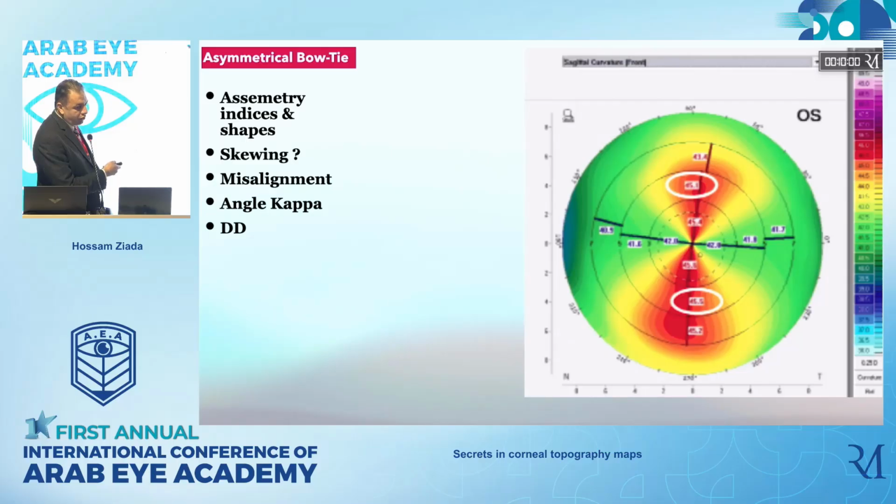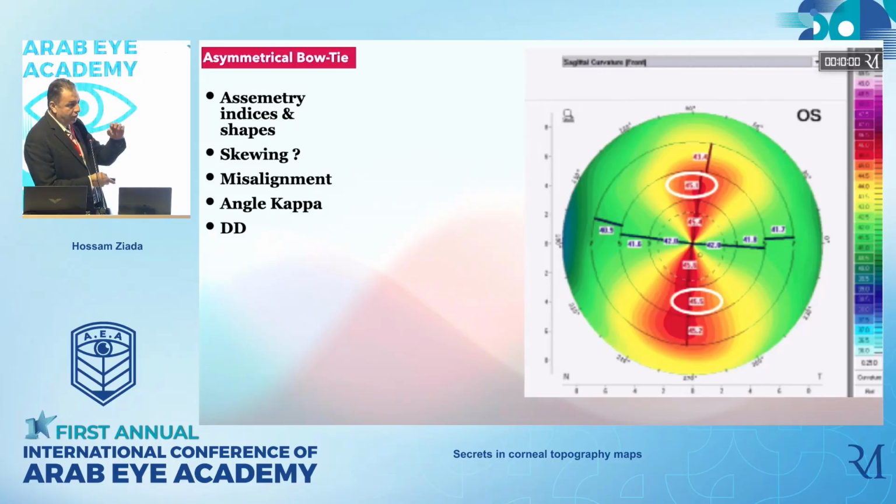As we know from the rules, the superior and the inferior points should be equal, or the difference between them not exceeding 1.5, while the inferior is higher or bigger than the superior. The superior steepening is less suspicious or less important than the inferior. The most important is the inferior steepening, so we will focus on it.